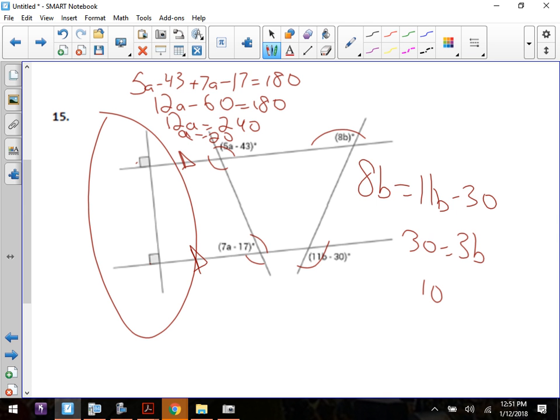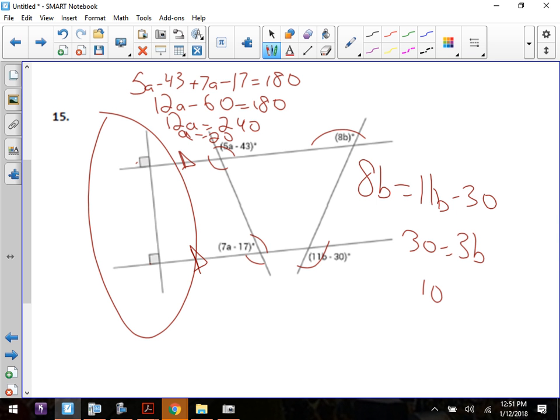Oh yeah, real quick. The one I just did a second ago for finding A, you see how you get A equals 20? During second hour, someone checked their answers and said, well, Mr. Murphy, the angle on the bottom of 7 is so much bigger than the angle on the top, but yet the angle on the top looks like it's bigger than the angle on the bottom. I didn't know if I was right.